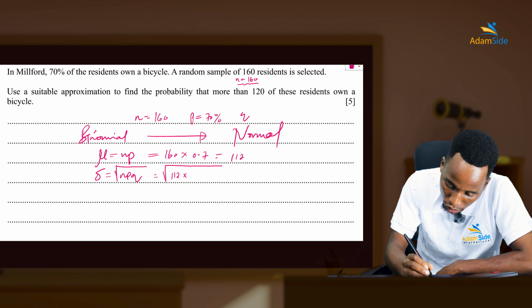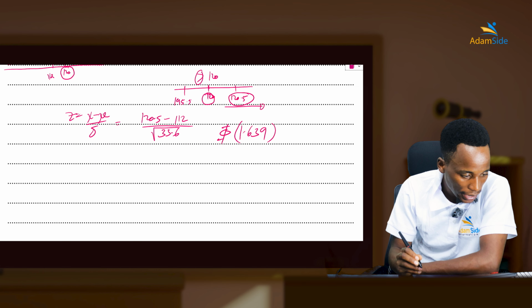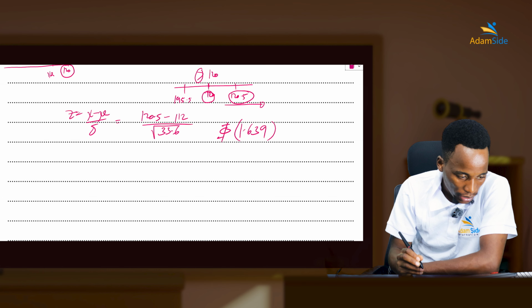From the table, 1.639 is 0.9484, and we add 0.0009, so it's going to be 0.9493. We are looking for the area after, and from the table we always read the area before, so we take away from 1. So 1 minus that, you get 0.0507, approximated to 3 significant figures. So this is our answer.